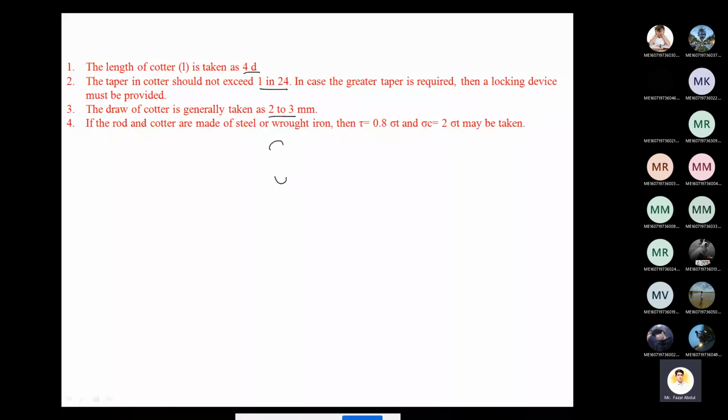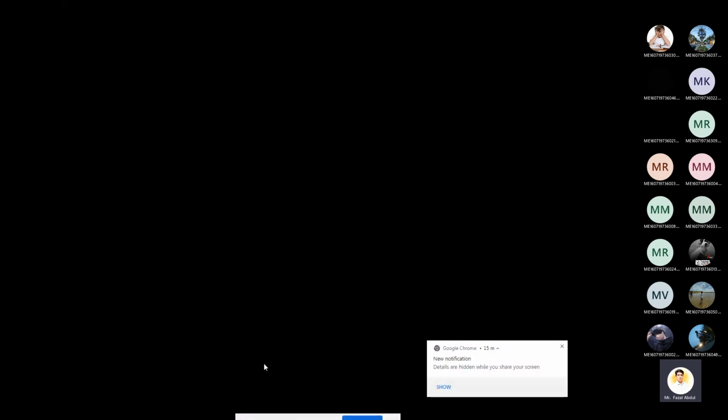If the rod and cotter are made of the same material, that is steel or wrought iron, then this is the condition you need to remember: shear stress is equal to 0.8 times the tensile stress, and the crushing stress is equal to 2 times the tensile stress, right? So this is the design procedure asked for the 15 marks question.